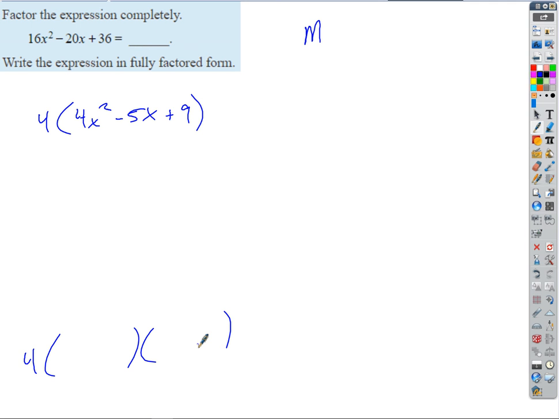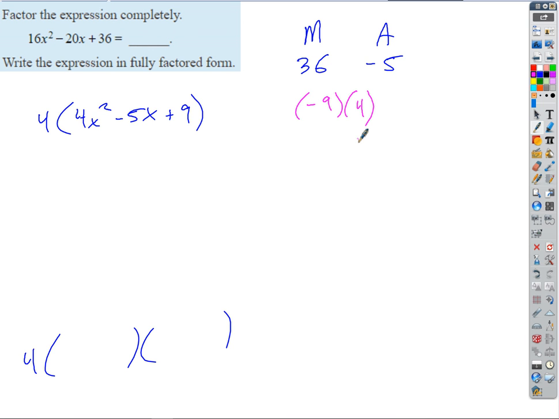But we have to figure out what the other factors are that have variables in them. They multiply to 4 times 9, which is 36, and add to negative 5. What numbers do that? Negative 9, positive, oops, that can't be right. This one doesn't exist, does it?